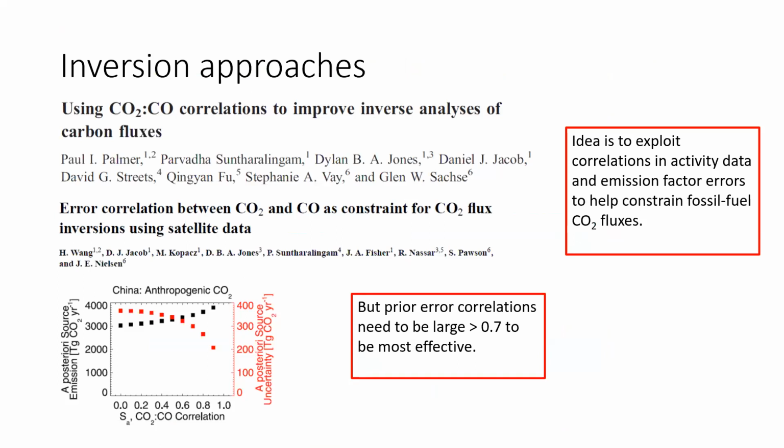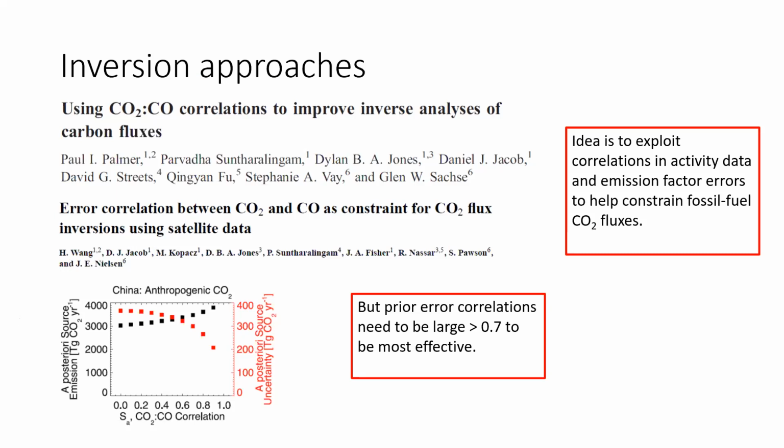And the idea is to exploit correlations in activity data and emission factor errors between CO2 and CO to help constrain these fossil fuel emissions. And this was also developed slightly further by others in the Harvard group a couple of years later.